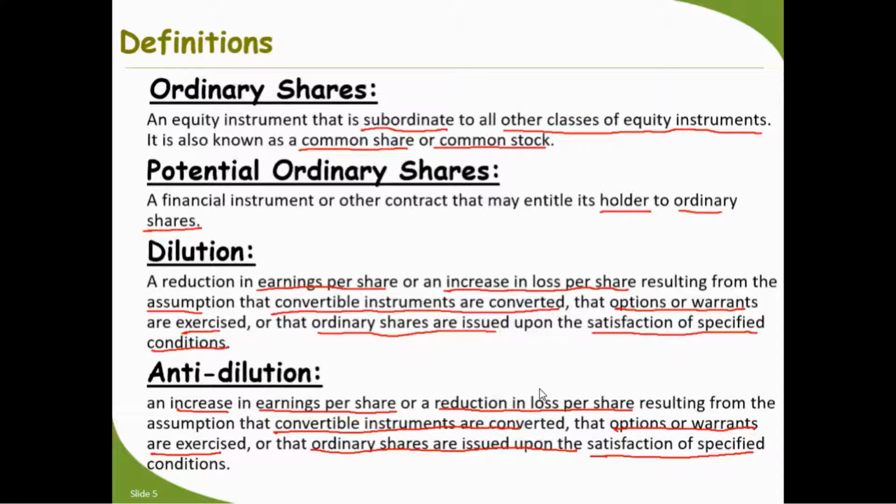Okay. If conversion option will be exercised, options or warrants will be exercised, again I'm repeating, and due to that EPS will increase, then there is anti-dilution. If EPS will decrease, then there is a dilution. Got it?